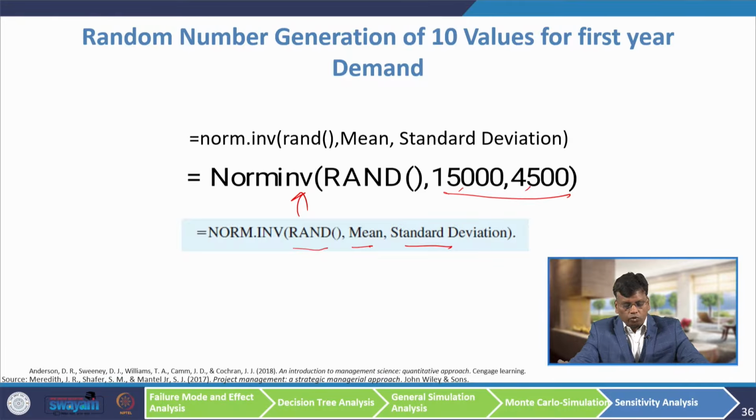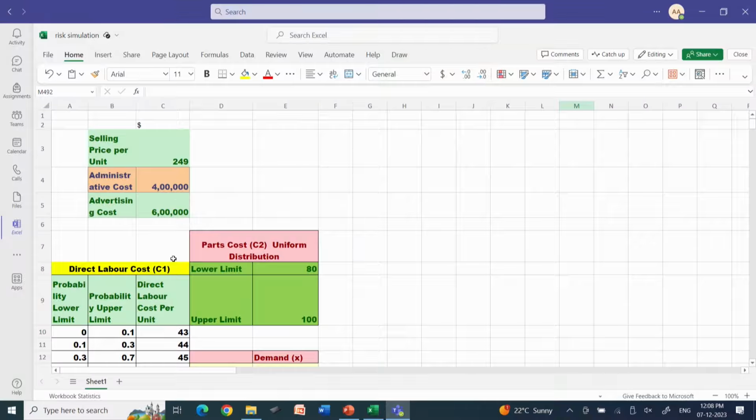Now, I will go back to Excel. I will explain how I have done this Monte-Carlo simulation using Excel, then I will come back to the result. Dear students, in the Monte-Carlo simulation, the selling price is given as $249, the administrative cost is $400,000, the advertising cost is $600,000, and there are 3 inputs.